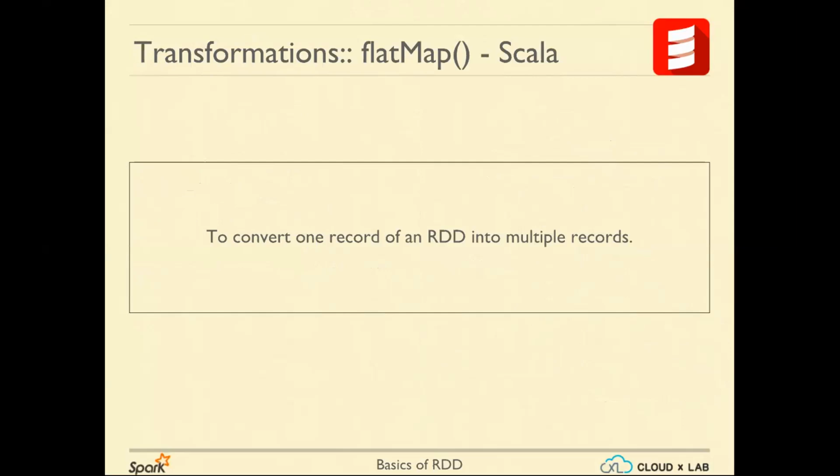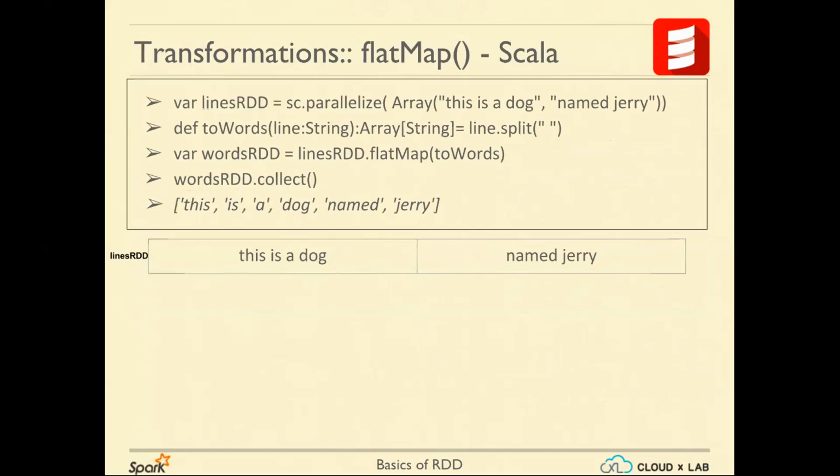So there was a transformation called flat map. It converts one record into multiple. For example, imagine that lines RDD had two records: this is a dog, named Zaddy. And we defined a function called two words, which splits the data based on the space.